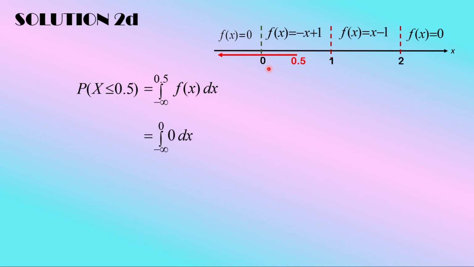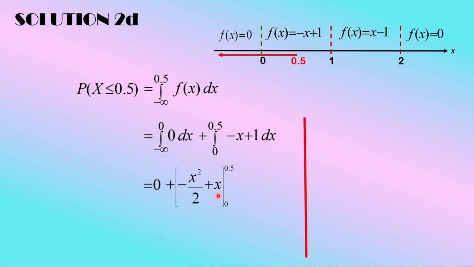From the left of the number line, integrate from negative infinity to 0 for the function 0, plus integration from 0 to 0.5 for the function negative x plus 1. This is the result after integrating. Substitute the limits and simplify to get the probability, which is 3 over 8.